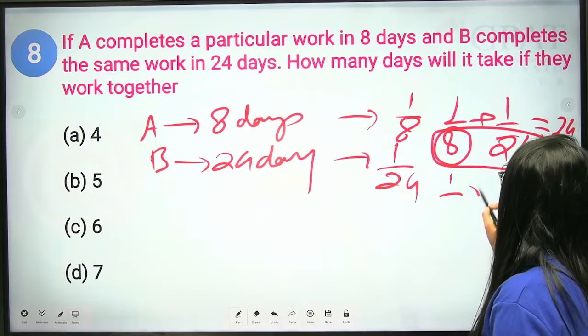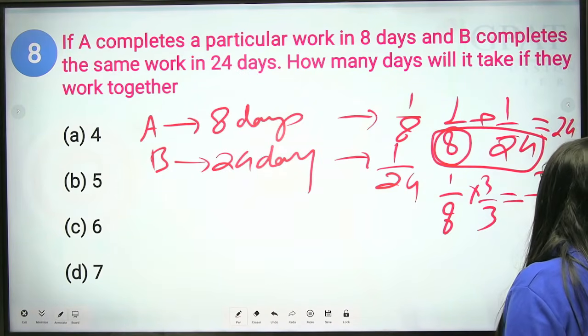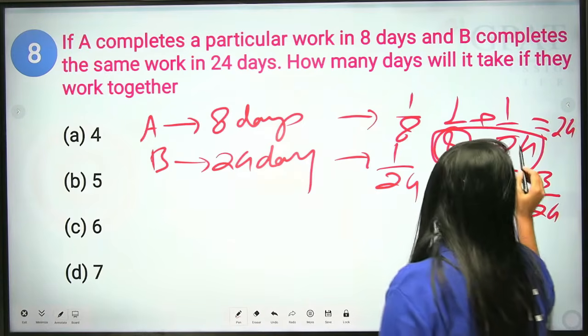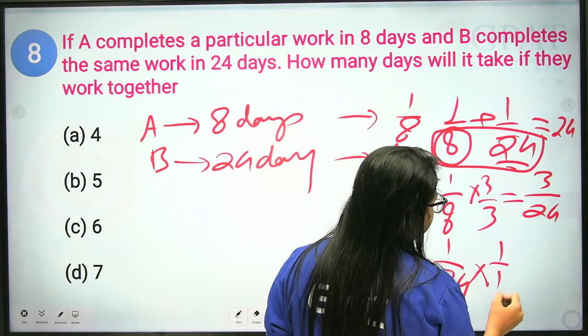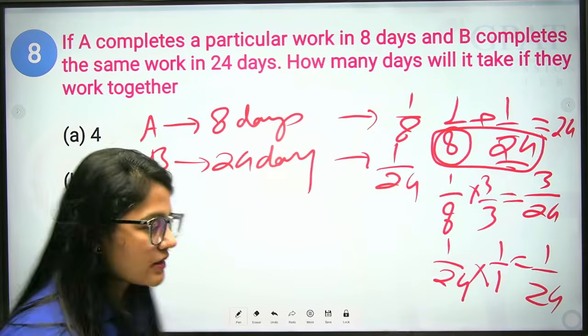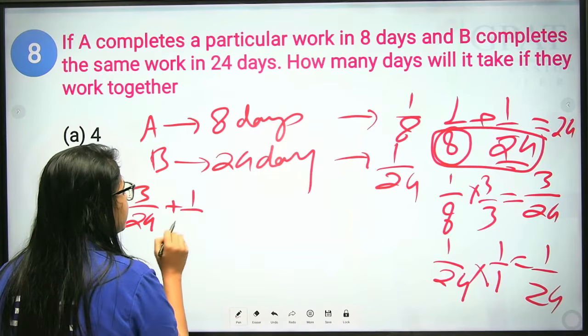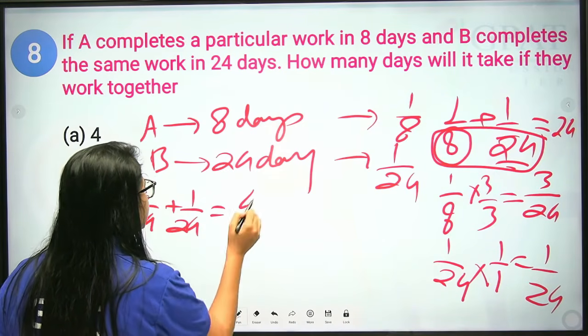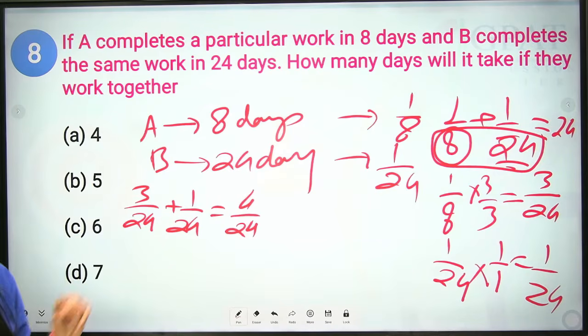So we multiply by 3, that is 3 by 24. In this case, 1 by 24 into 1 is 1 by 24. Now the denominators are the same. So 3 by 24 plus 1 by 24 is 4 by 24. Clear? This will be the correct answer.